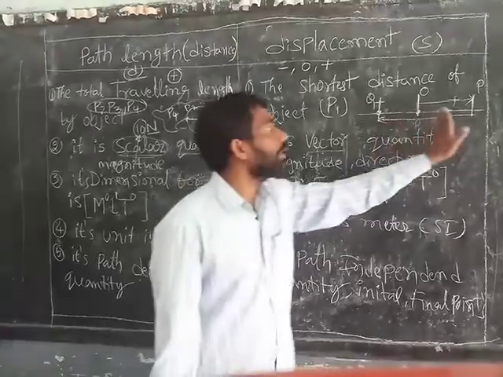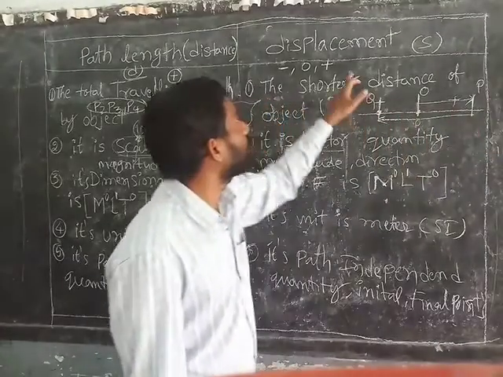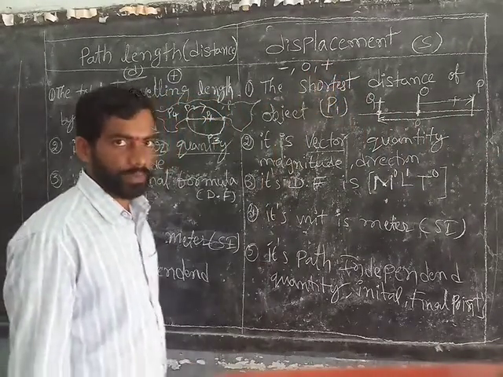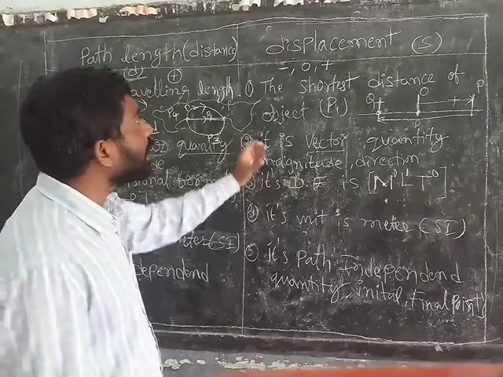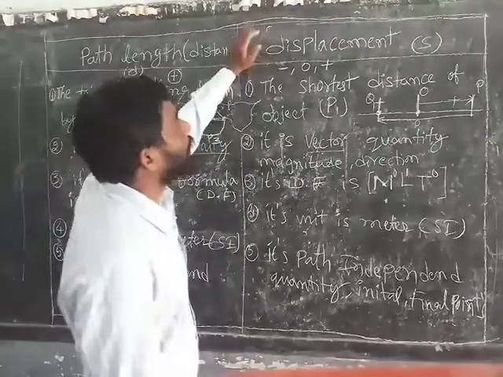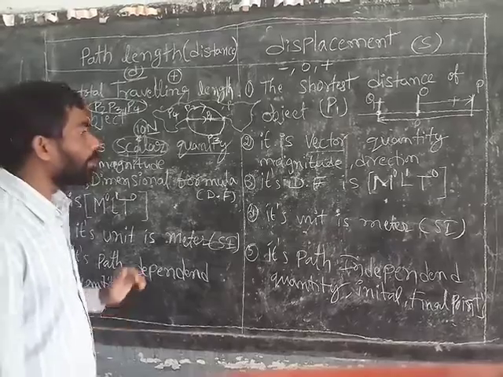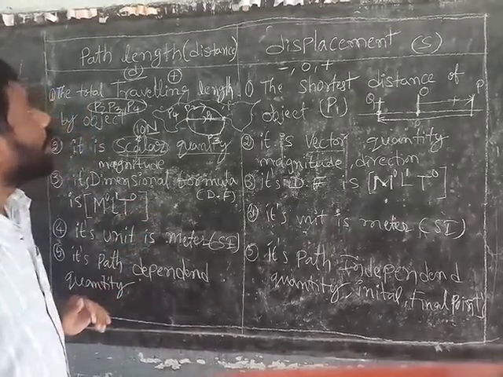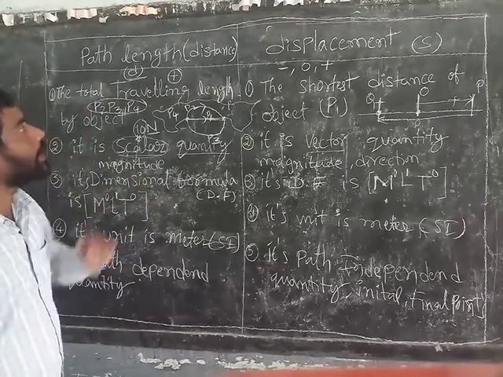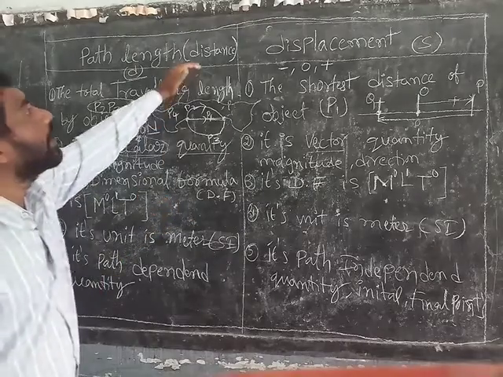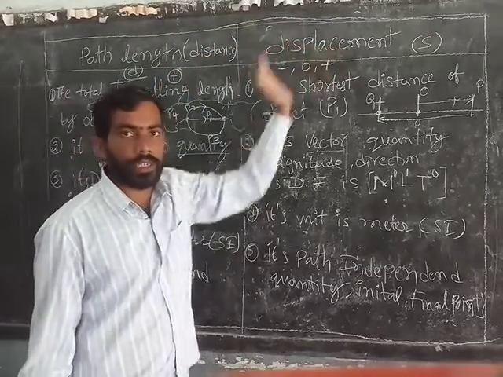Then if it goes in the forward direction, the magnitude is positive. This is what occurs in displacement. Okay, this is the difference between distance and displacement.